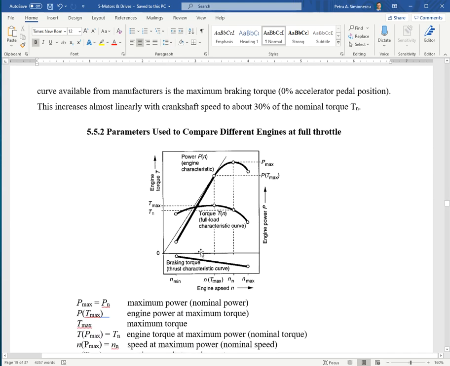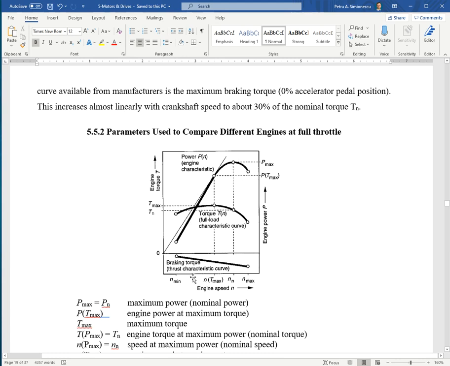So generically, you would see, and they are provided on the same graph, the torque curve and the power curve. Since torque is the derivative of power, you will see the maximum torque being associated with the steepest tangent to the power curve.